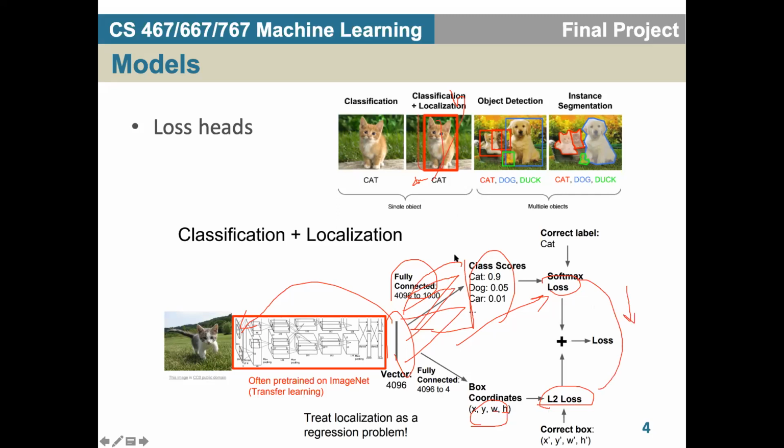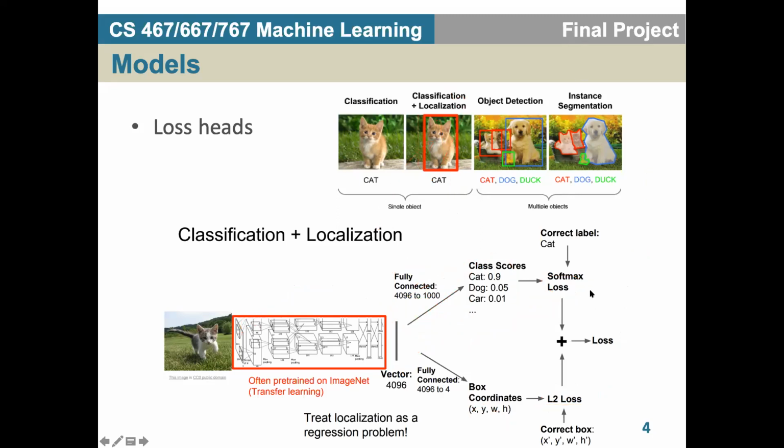You want the box to be accurate, and you also want to guess what's in the box correctly: it's not a dog, it's a cat. Then you just do the training, but you probably use their library, maybe based on TensorFlow. You will call the train function, and finally you can predict by giving images.